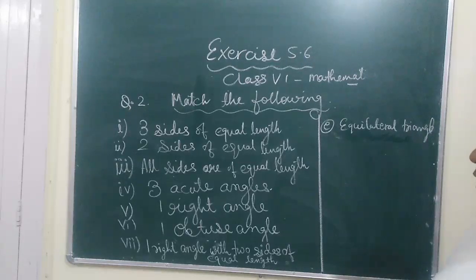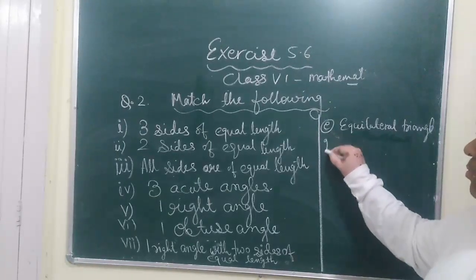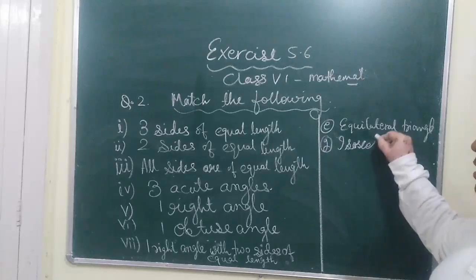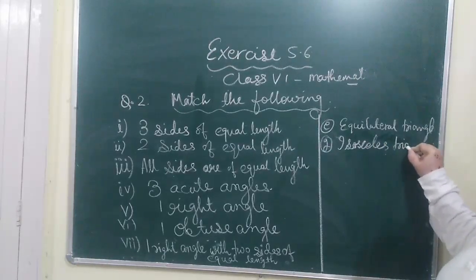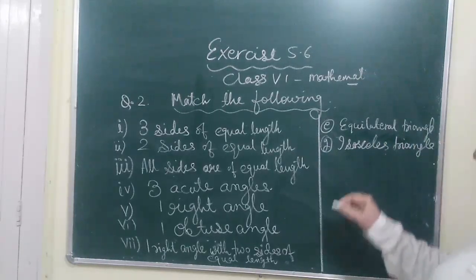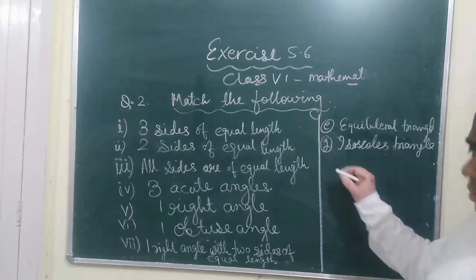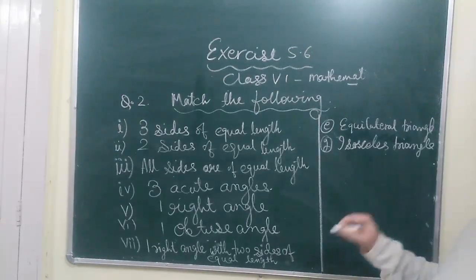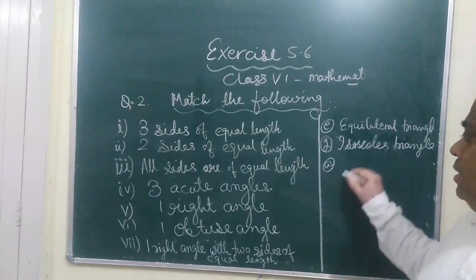Two sides of equal length, it will be isosceles triangle. So G, isosceles triangle. Third is all sides of different length will be A, scalene triangle.